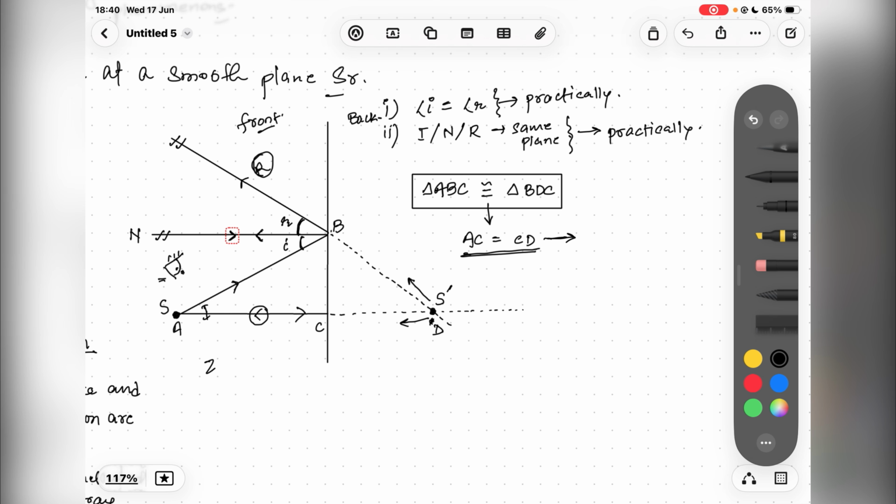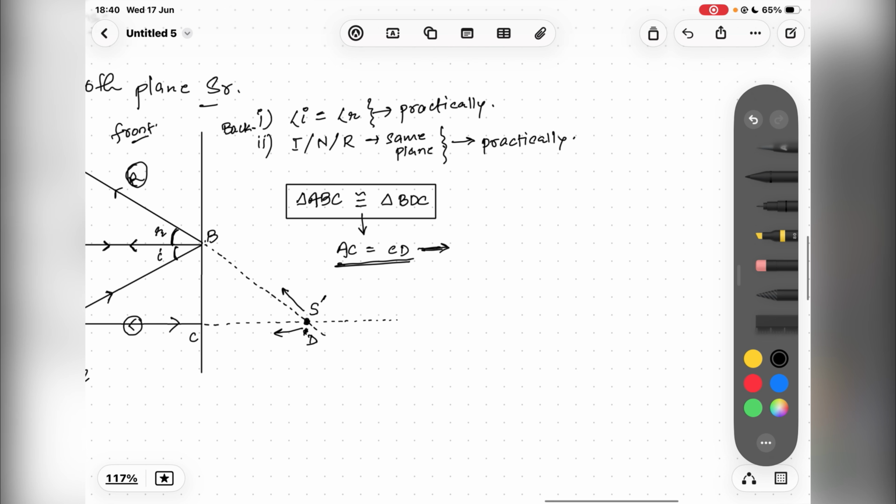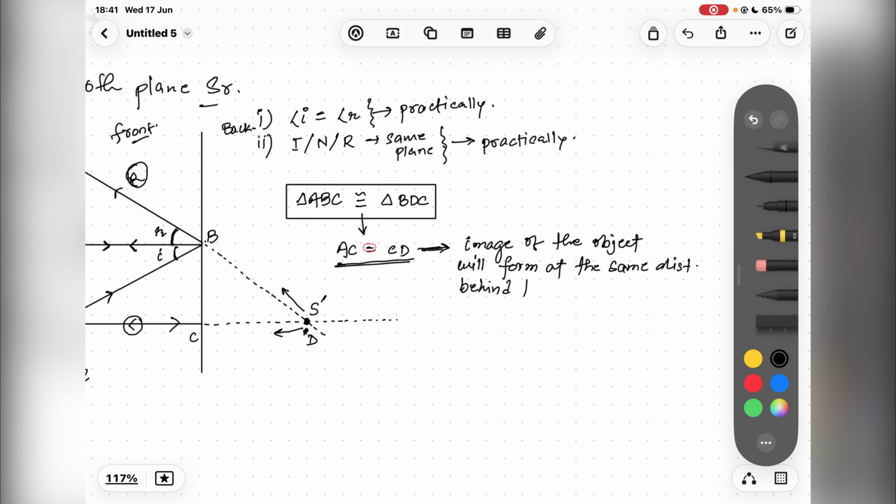What this result depicts is that the image of the object will form at the same distance behind the mirror at which it is put in front of the mirror.